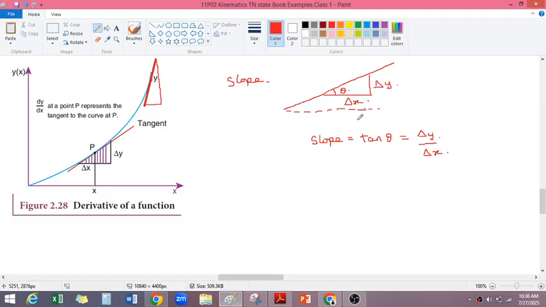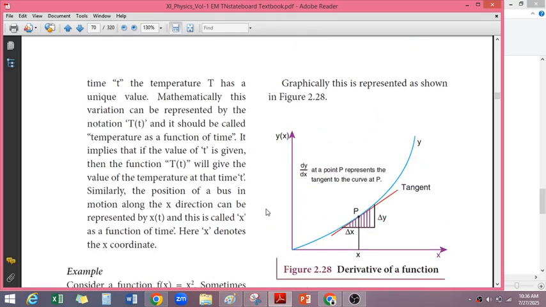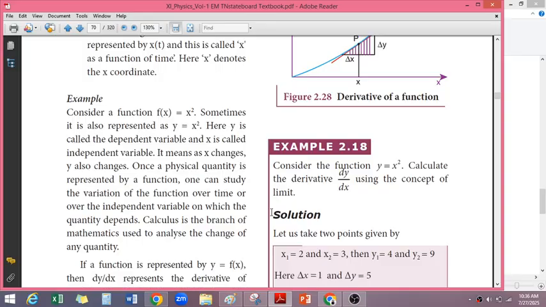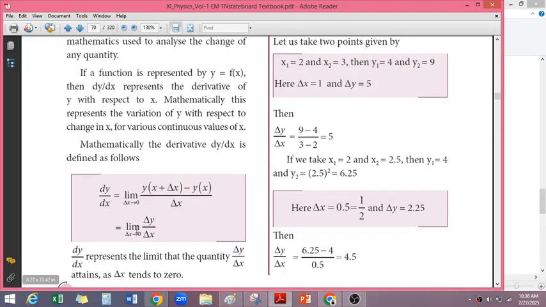But as it comes closer and closer, at every point it will keep on changing. So the slope here and the slope here will be different. So we say that this delta x and delta y, the delta x distance, we will take as very very small. So there is something called limits. I don't know whether they have introduced it in your maths. We say that it comes closer and closer to 0, so delta x approaches 0.